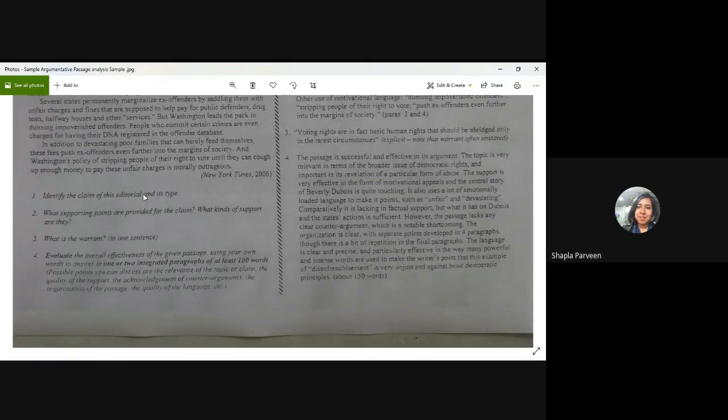Then the second question, what supporting points are provided for the claim? What kinds of support are they? It bears 3 marks. So you should list at least 3 evidence support and 3 motivational support. But it also depends on the passage. Sometimes some passages may have more evidence support and less motivational support, but then some passages may have more motivational support and less evidence support.